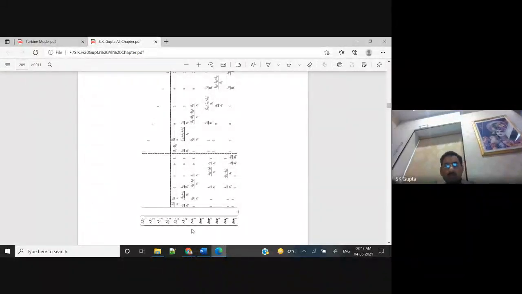Yes, but in the book, because it is a very big matrix, this is the 12 by 12 matrix.